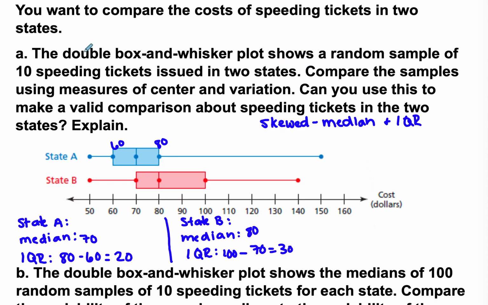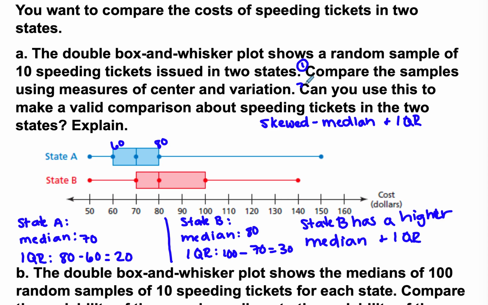So we found our measures of center and variation. One, compare them. Okay, well, state B has a higher median and IQR.